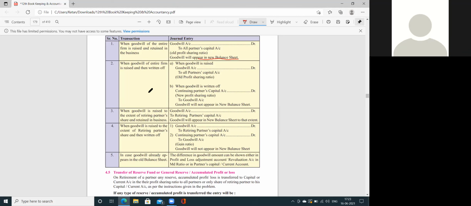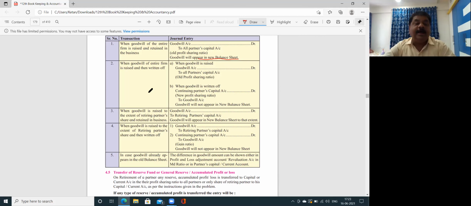Now the second case. When goodwill of the entire firm is raised and written off, what is the difference between number 1 and 2? Number 1 में बस raise किया है और retain किया मतलब वैसे रखा है, kept in the business. Number 2 में क्या किया है, raise and then written off. Now in this case, there are two entries. Number 1, when goodwill is raised, goodwill account debit to old partners' capital accounts in the old profit sharing ratio. Same entry, मतलब ये जो entry है, number 1 का वही repeat हो गया इधर.